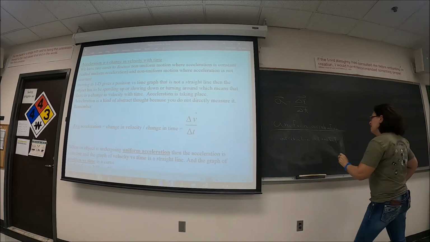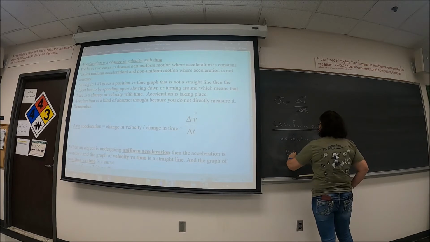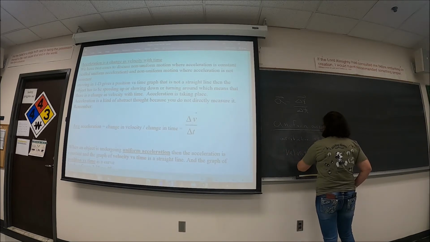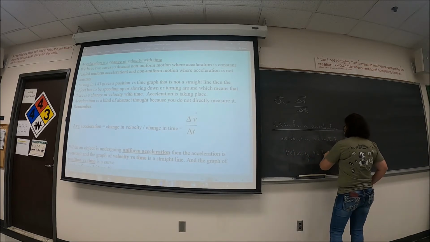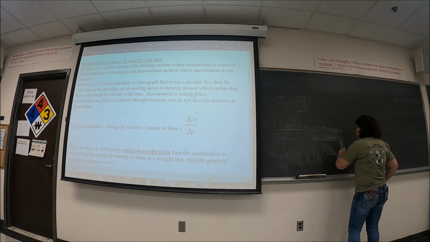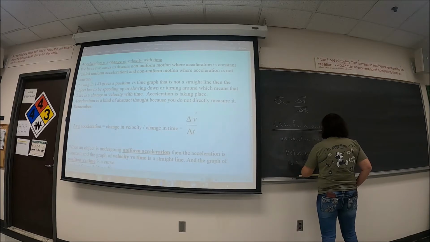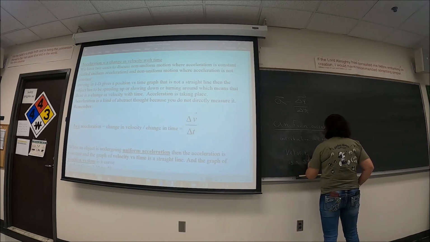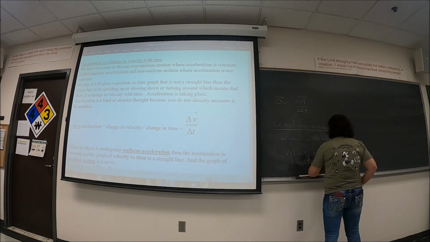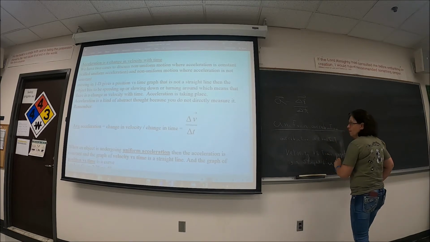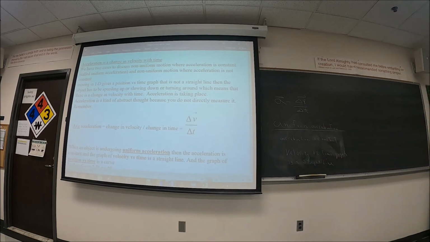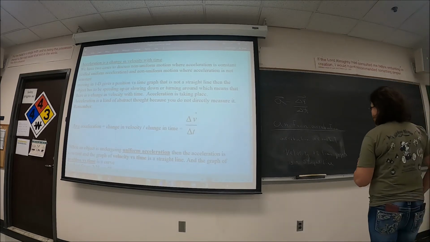So that a velocity versus time graph is a straight line, okay? And the position versus time graph is a curve.